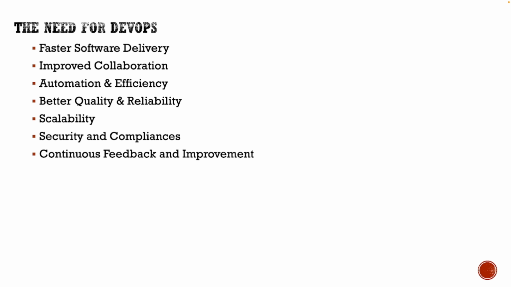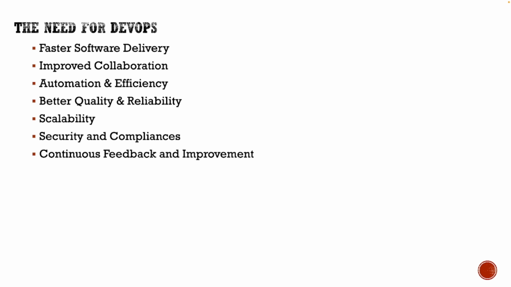The next one would be security and compliance. So in a traditional DevOps methodology, DevOps can be integrated with a set of tools to find vulnerabilities and address the related issues proactively.